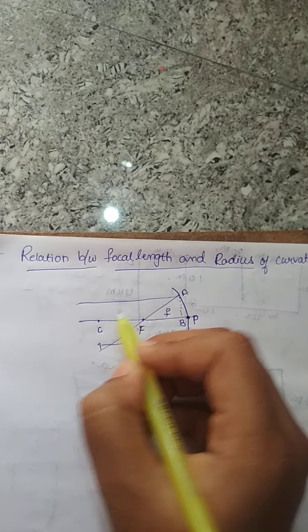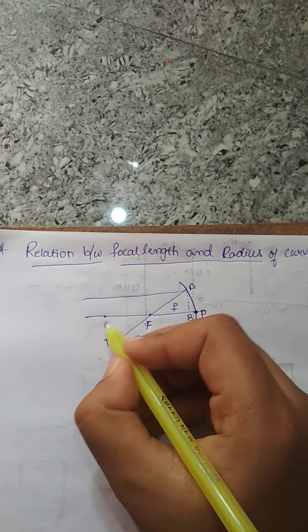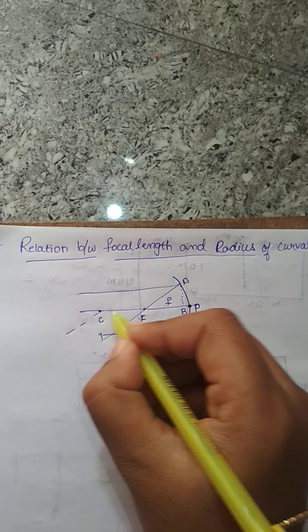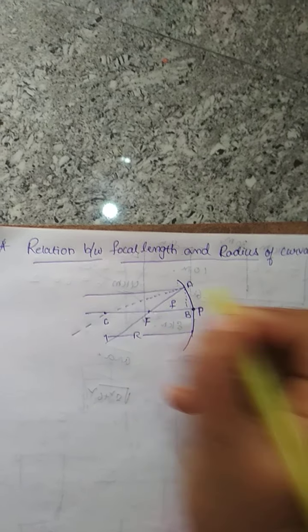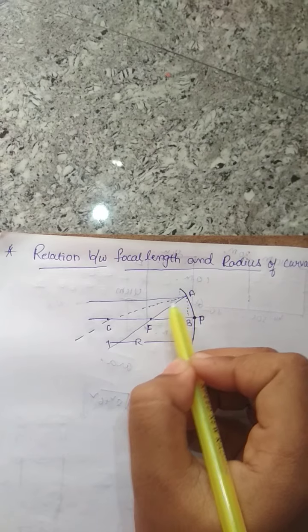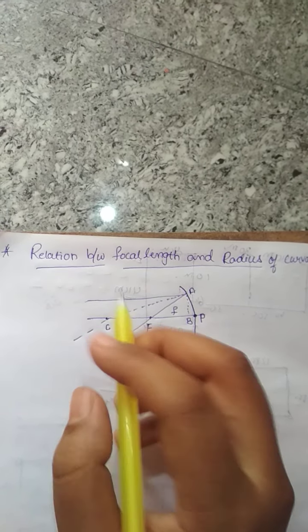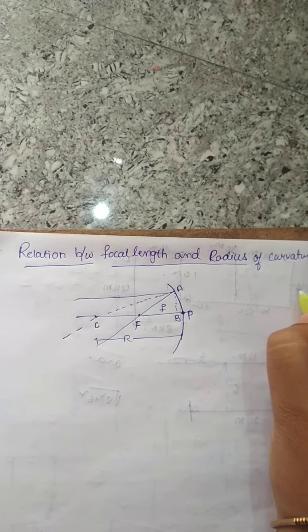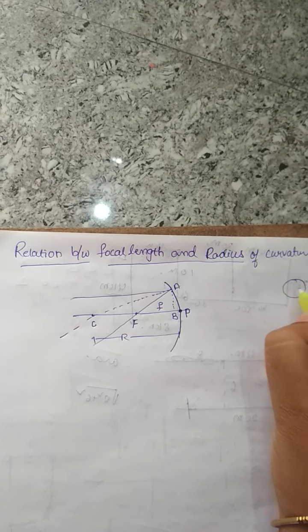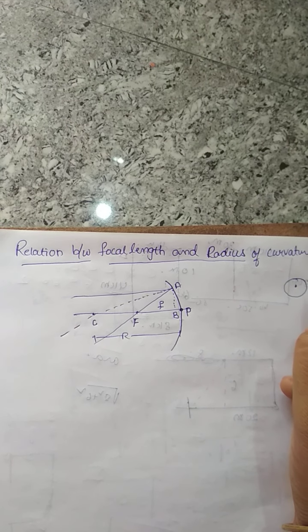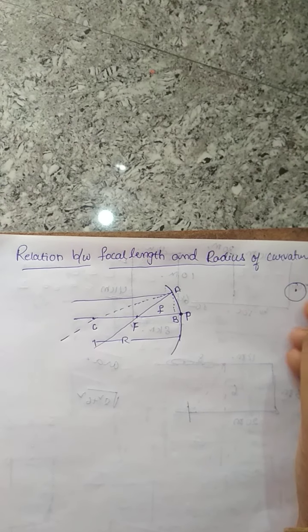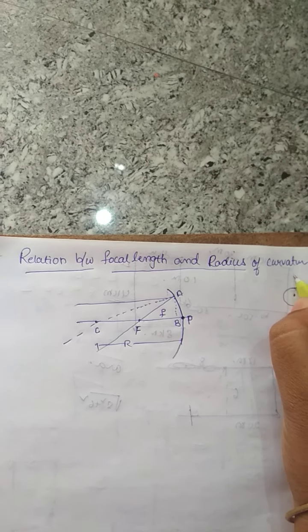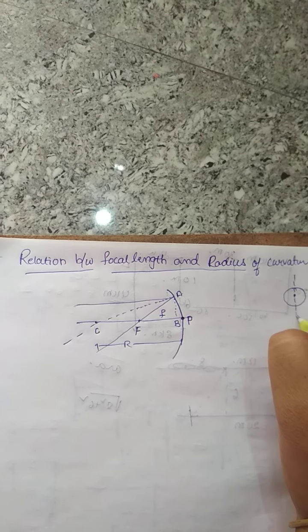So this is the normal. This normal passes through the center of curvature, because this is a sphere and this is the center of curvature. So when we draw a normal, this is the normal.